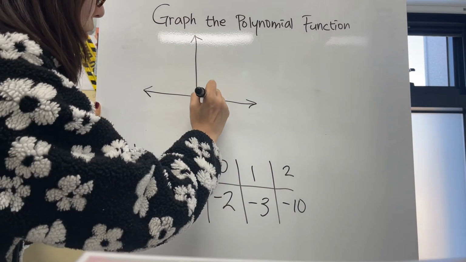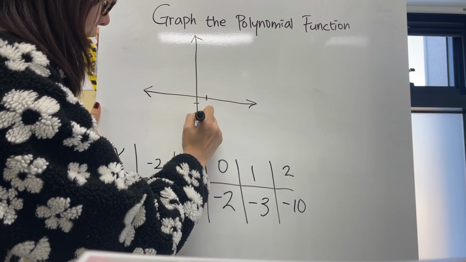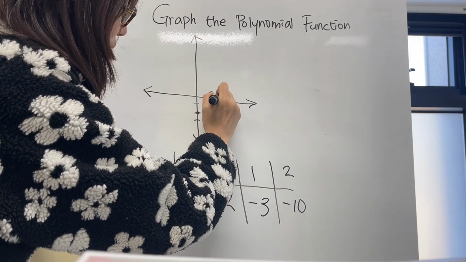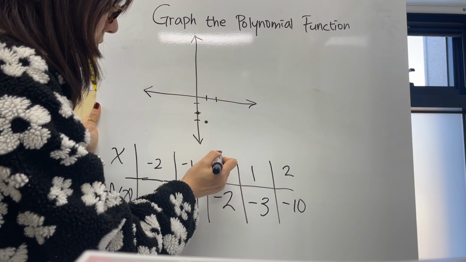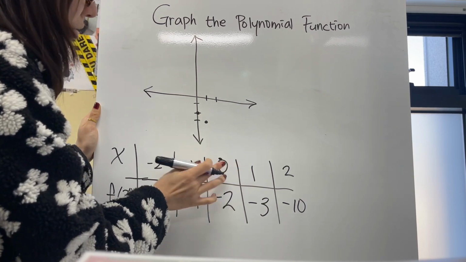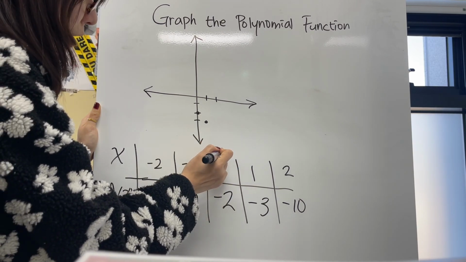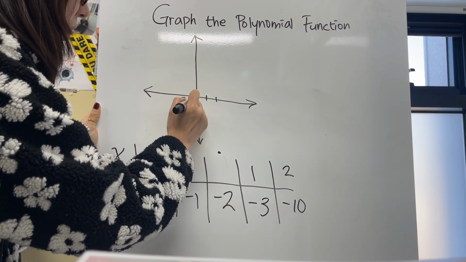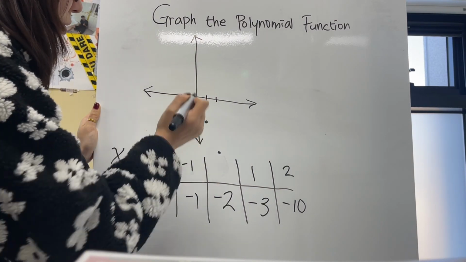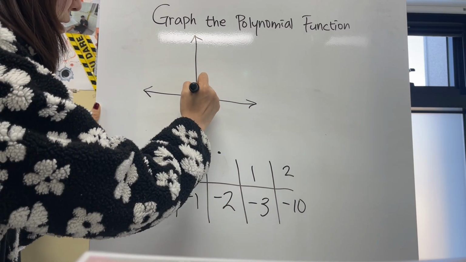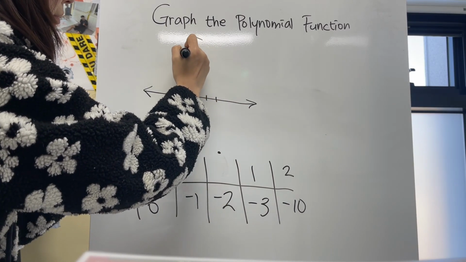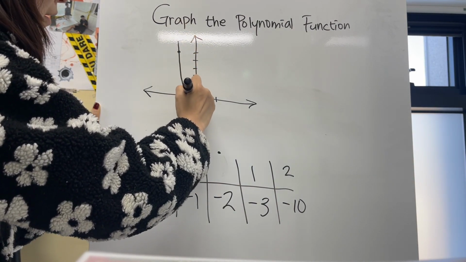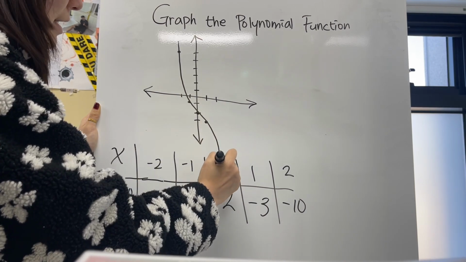When x is 1, y is -3. And when x is 2, y is -10. So it'll be somewhere around here, I imagine. We're going way off the chart. And when x is -1, y is -1. When x is -2, y is actually +6. Right there. So our graph would look something like this.